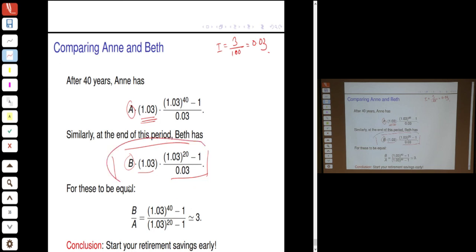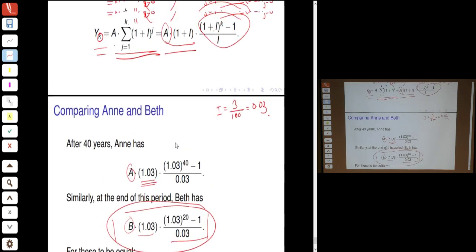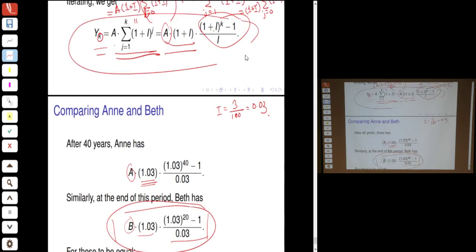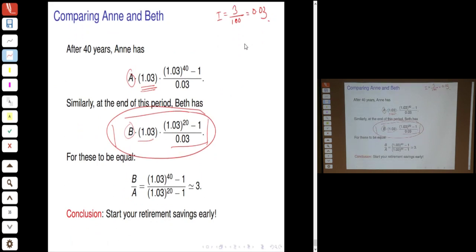So for the savings of Beth, you can use the same formula as you did for Anne, except you have to replace A, which is the amount saved per year, by B, which is what Beth saves per year, and K equal to 20 years instead of 40, because that's the period of time in which Beth saved.